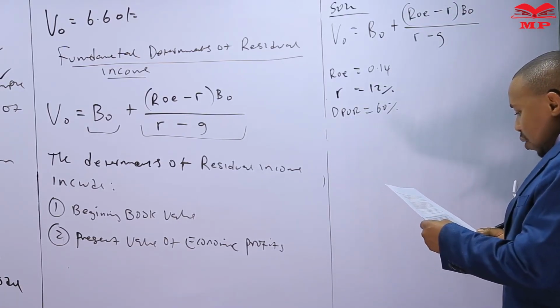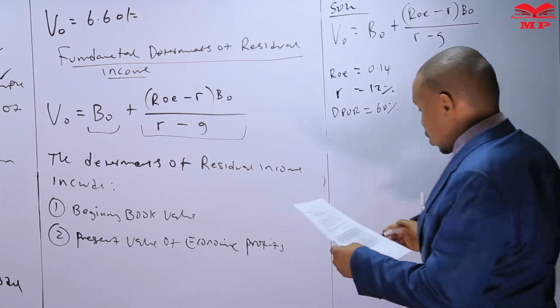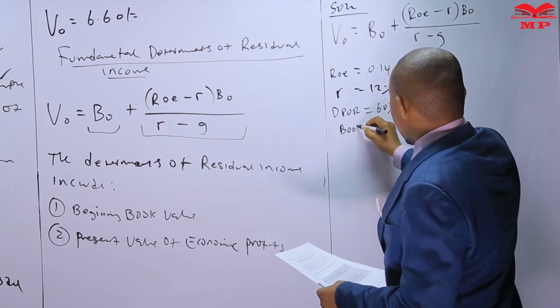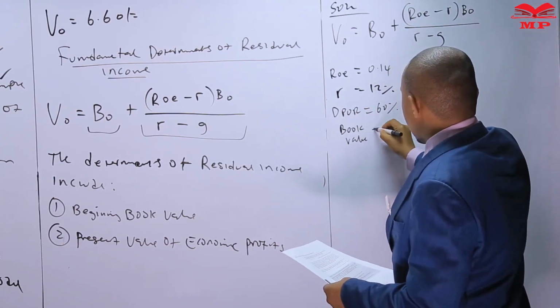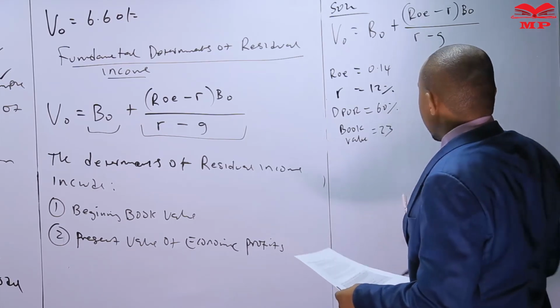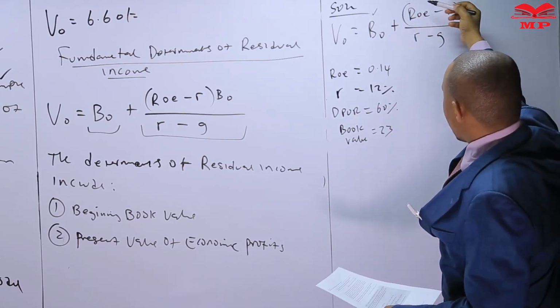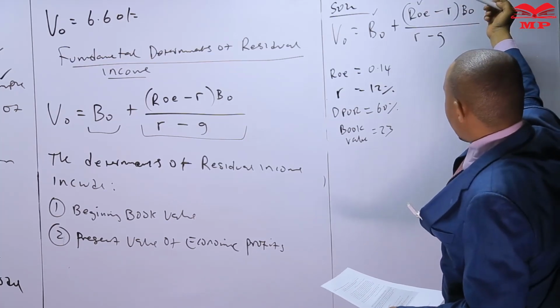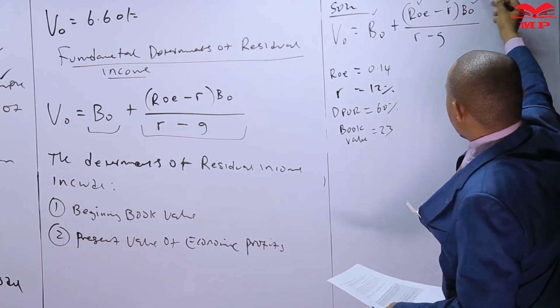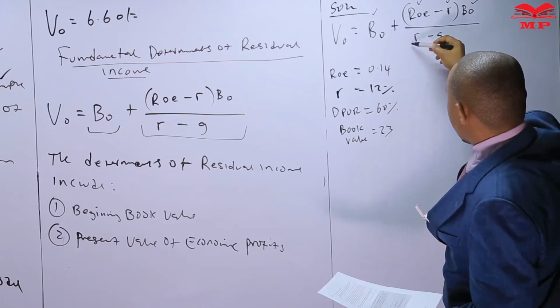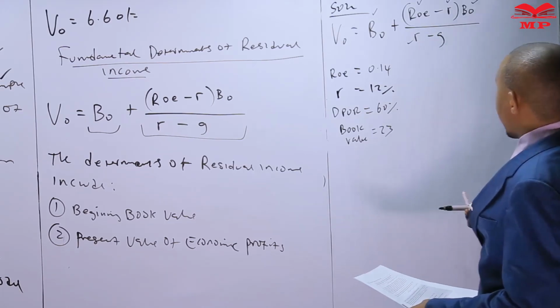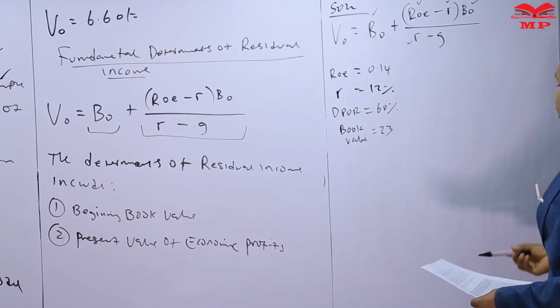We've been told the book value also is 23. So we have the beginning book value, the ROE, and the required return. What we don't have and need to compute is the G.